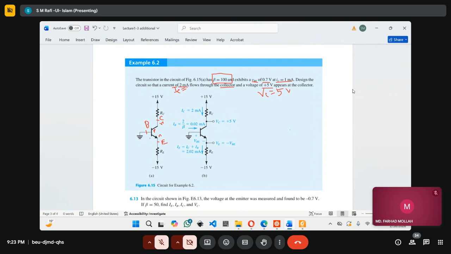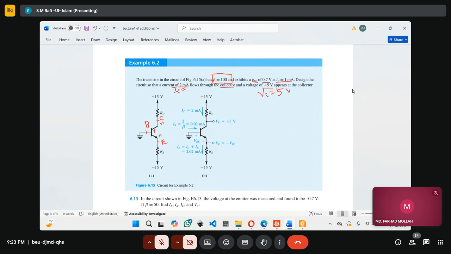But when 2 milliampere current is flowing, this barrier voltage is no longer 0.7 volt. It has a different formula, like VBE plus VT ln of this current by that current, but we are not using this. So we'll consider this barrier voltage, or the on voltage, to remain constant, meaning 0.7 volt.